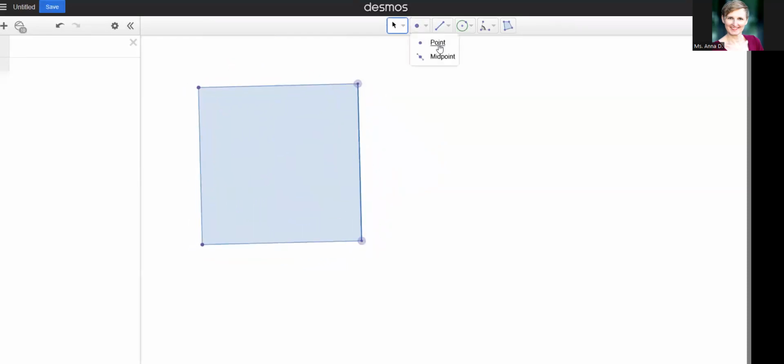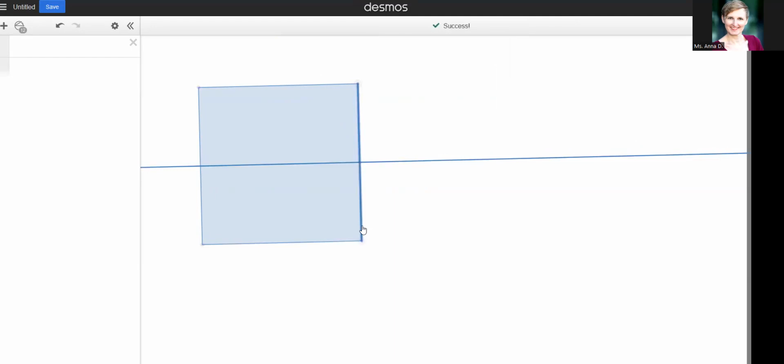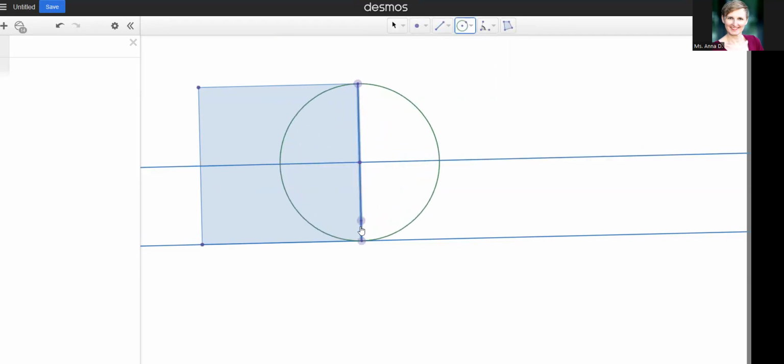Next we used the midpoint. And I think we constructed a few other squares of smaller size using the same technique.